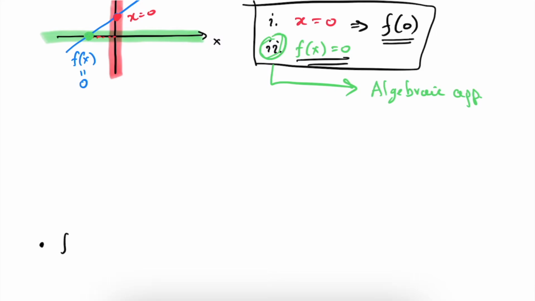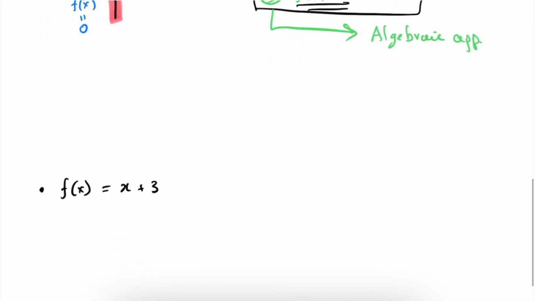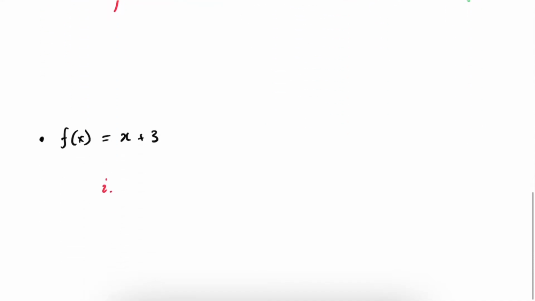The first one being f of x is equal to x plus 3. Now, as we've seen before, we need 2 points in order to draw our graph or to draw our line. And the first point is where our line crosses the vertical axis, which is where x is equal to 0.